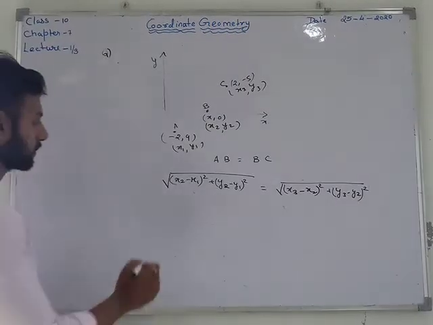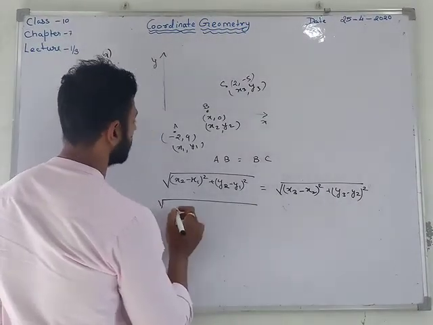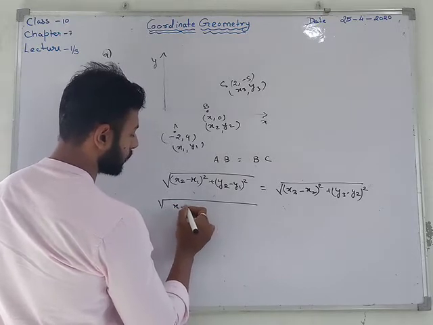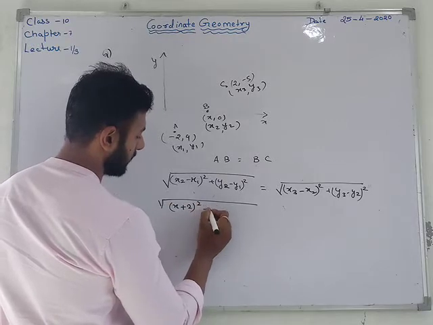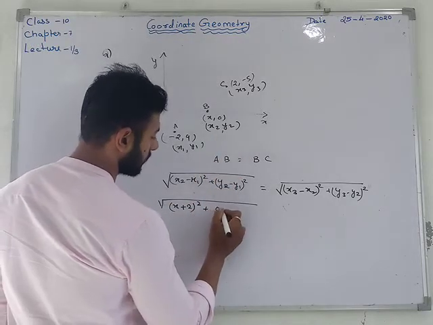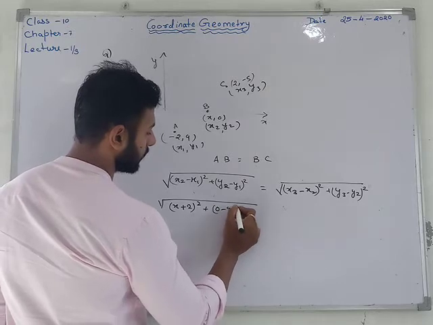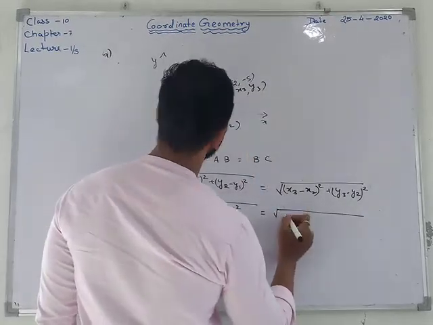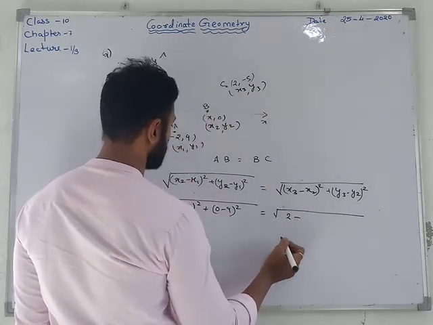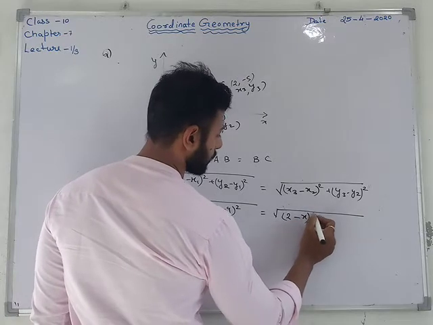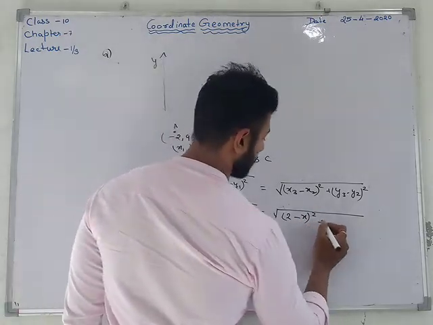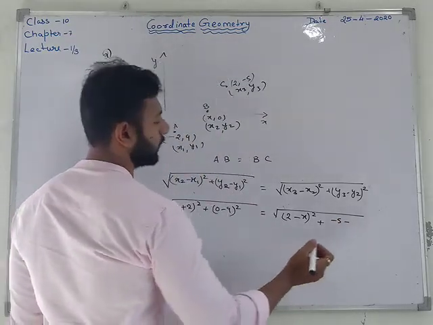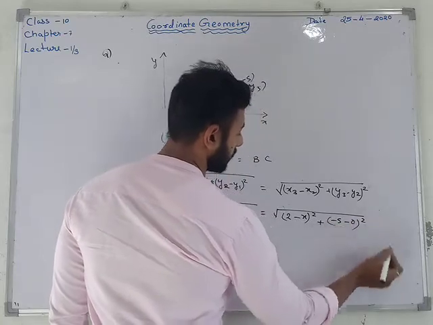Substituting the values, x2 is x minus of -2, which will be +2, whole square, plus y2 is 0 minus y1 is 9, whole square, is equal to x3 is 2 minus x, whole square, plus y3 is -5 minus y2 is 0, whole square.